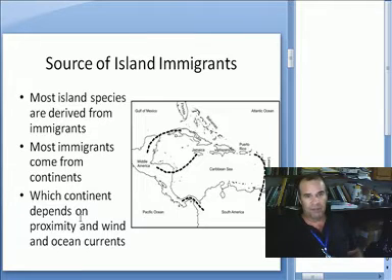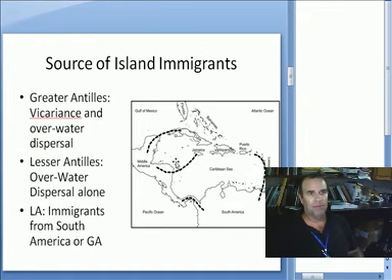In the case of the Lesser and the Greater Antilles, as you can see here, we've got different arrows. I think we've got a next slide which goes in, yeah, okay.